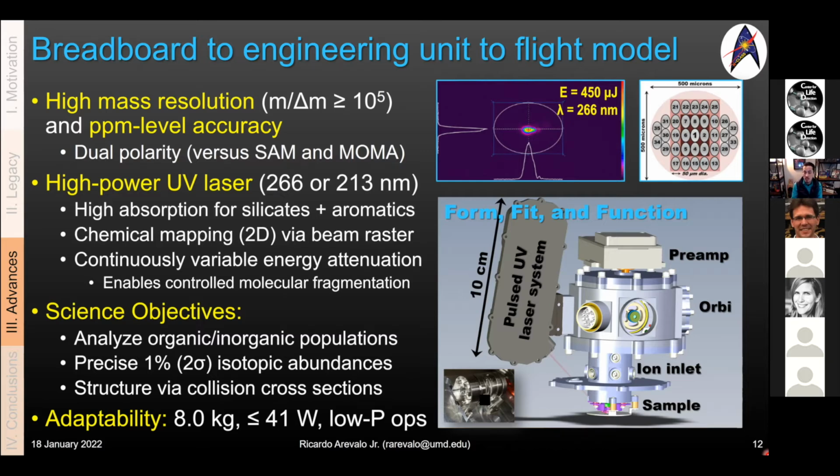Again, we've tried to pioneer, to begin with, the simplest instrument, which is just a laser, just an Orbitrap, and the simplest set of ion optics interfacing those two subsystems. The reason we do that is because it's smaller than an 8 kilogram instrument, and the peak power is on the order of 40 watts. So it's a relatively easy to accommodate instrument that brings a lot of science return to the table.